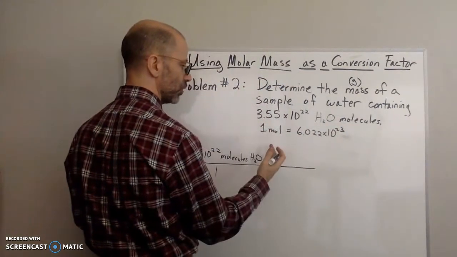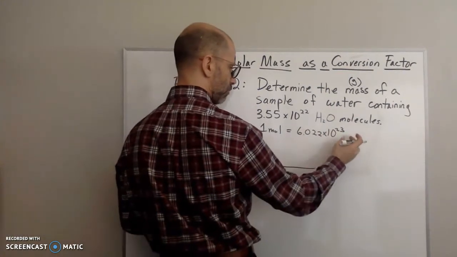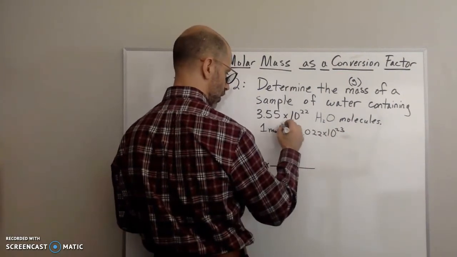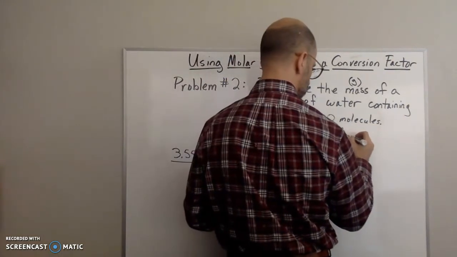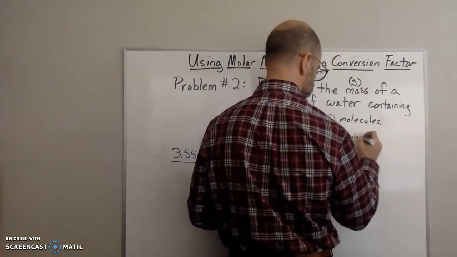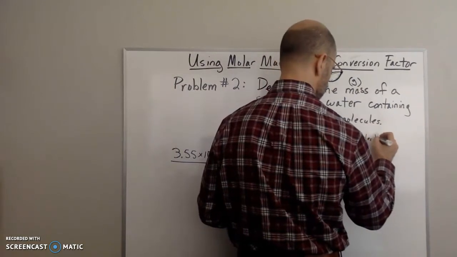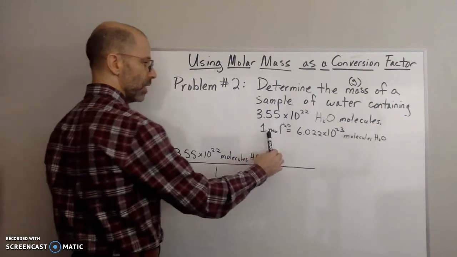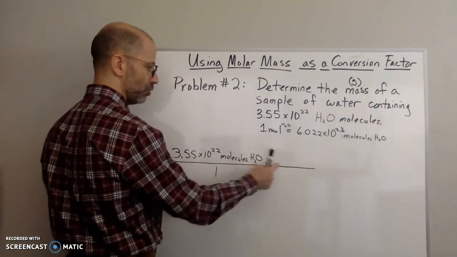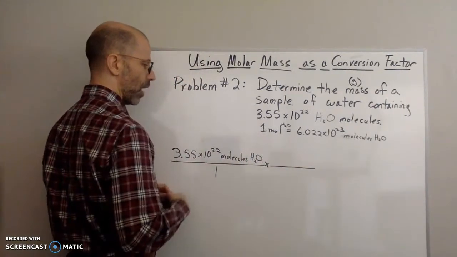But the particles that we're dealing with are molecules of water. So in this case, it's going to be 1 mole of water is equal to this many molecules of water. So now that we have that relationship, we can use it to form our conversion factor.